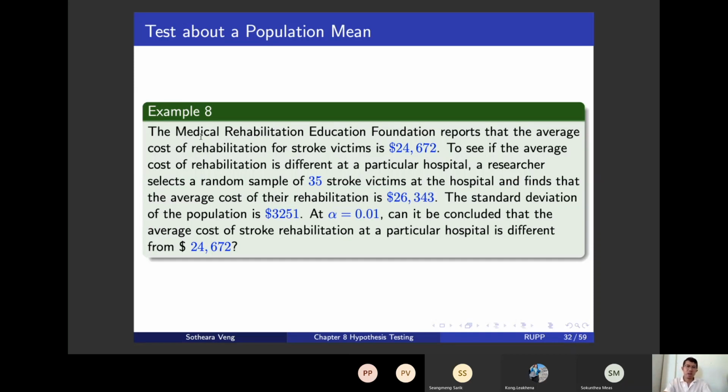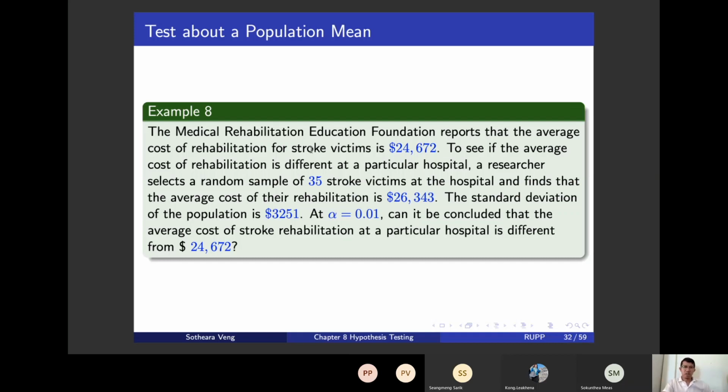In this example, a medical rehabilitation education foundation reports that the average cost of rehabilitation for a stroke victim is 24,652.